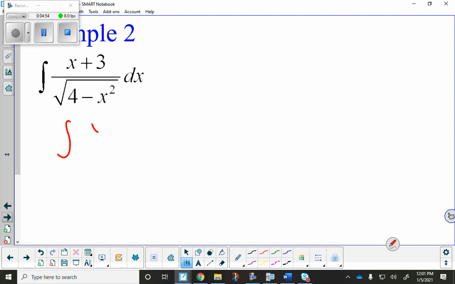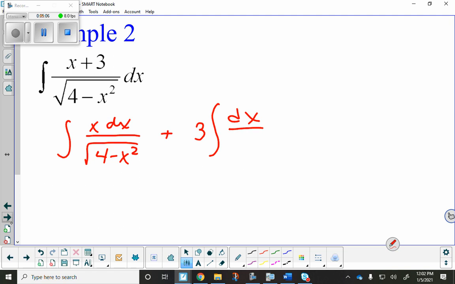So if I looked at it this way, I'm looking at two different types of integrals.